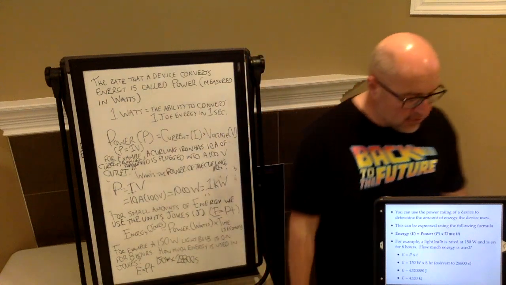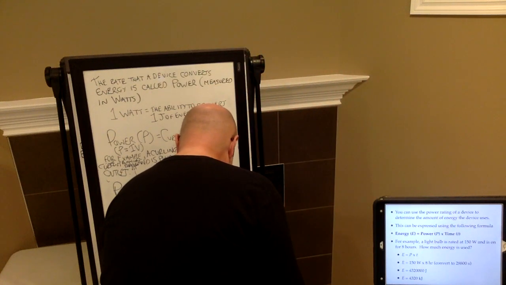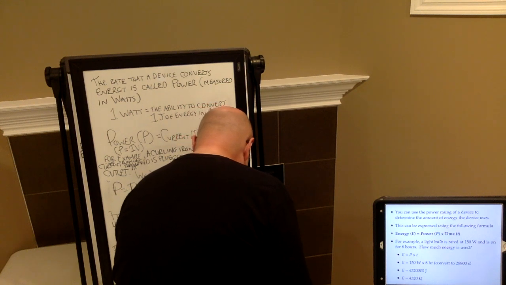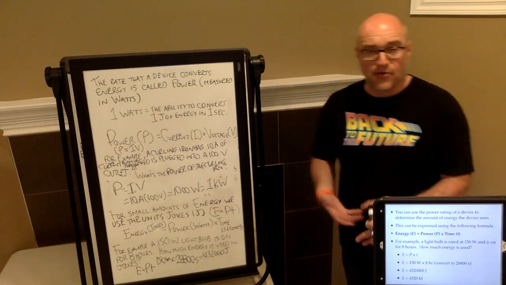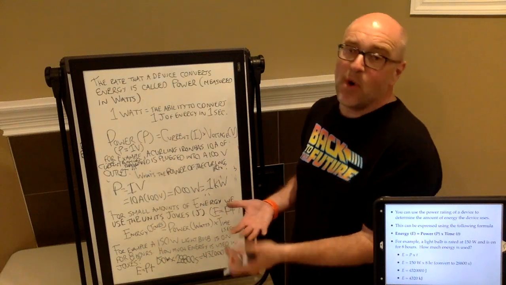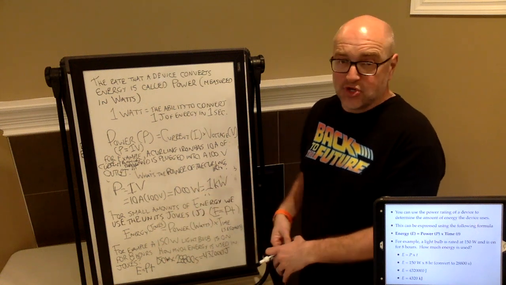If I multiply those two together, I'm going to get myself a really big number, which is going to be 432,000 joules. Now I could divide that by 1,000. I could convert it to kilojoules if I wanted to make it less onerous, but this question on the board specifically asks for joules.